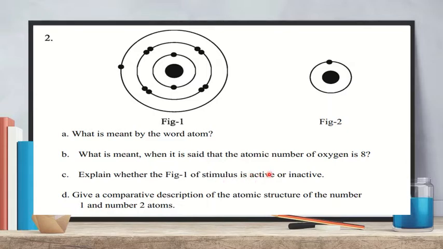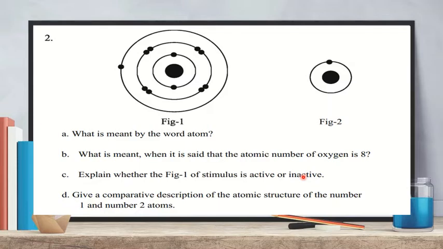Question c: explain whether figure 1 of the stimulus is active or inactive. At first, you have to understand what is an active element and what is an inactive element. Active element means the element can make bonds. The element can release or accept electrons. The element can join with other elements. And inactive elements cannot make any bond. They are stable.